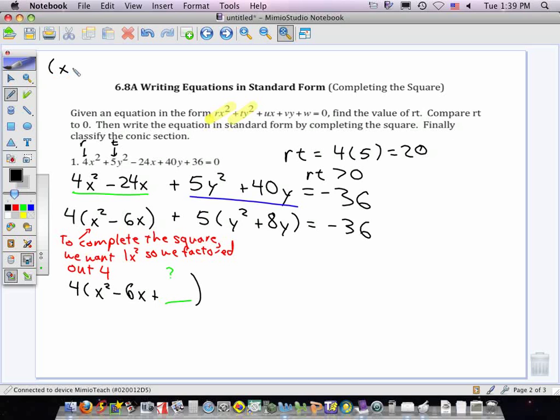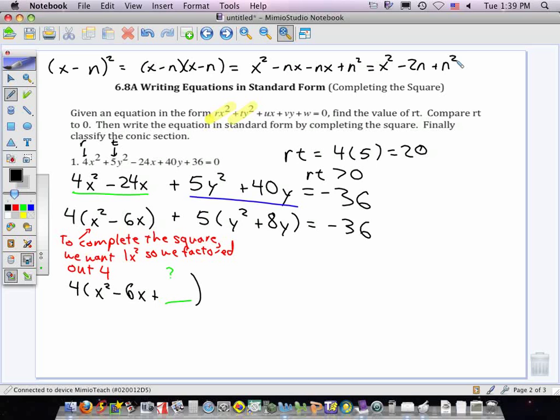And remember, if we had x minus n, squared, well, that would be x minus n times x minus n, which is x squared minus nx minus nx plus n squared, or x squared minus 2nx plus n squared.